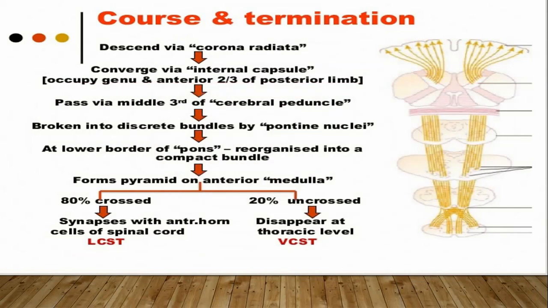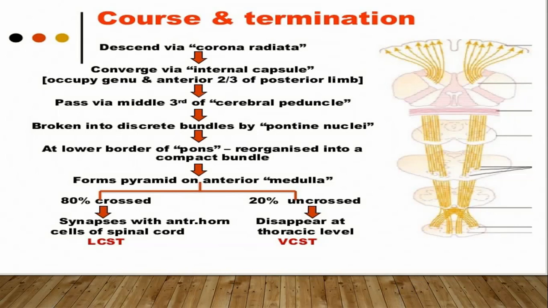Then course and termination. We know that there is corona radiata by which the neurons converge via the internal capsule. From the internal capsule, it passes through the cerebral peduncle and is broken into discrete bundles by the pontine nuclei, and at the lower border of the pons, it is reorganized into a compact bundle.